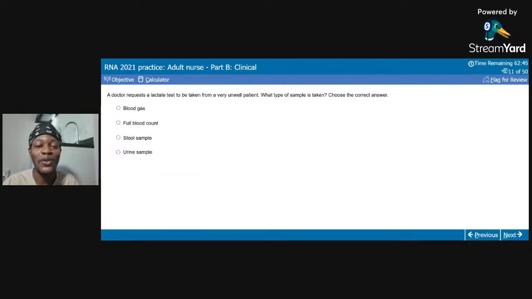So the sample for a lactate test is usually blood gas, or some people would say full blood count. Sample for lactate.